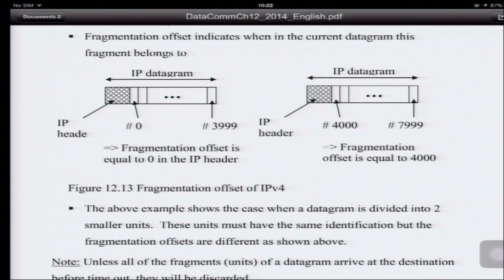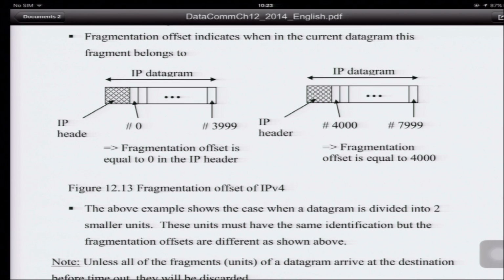The second IP datagram from the same original datagram that has been fragmented into 2 has fragment offset equal to 4000 because the first one ends at 3999, so this one starts at 4000, from byte 4000 to byte number 7999.